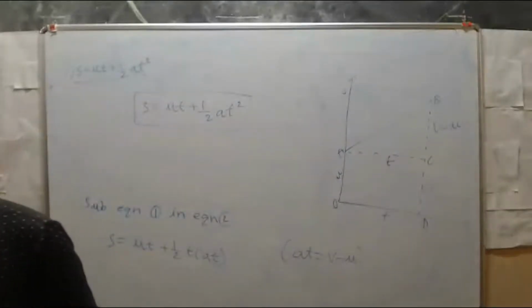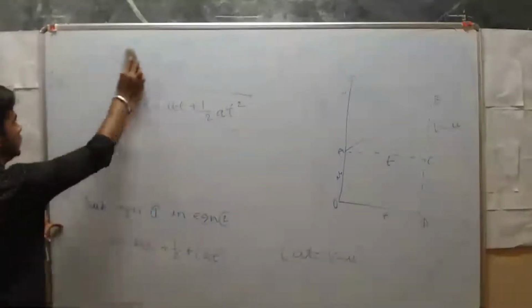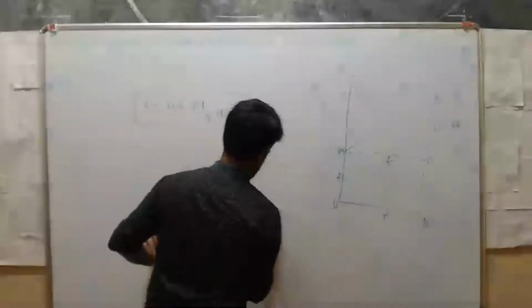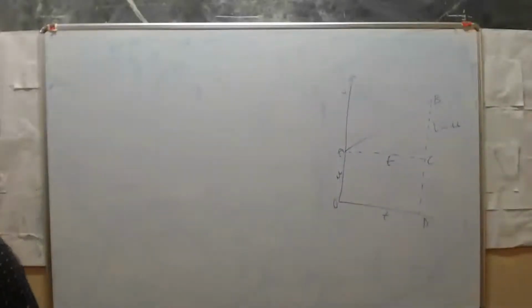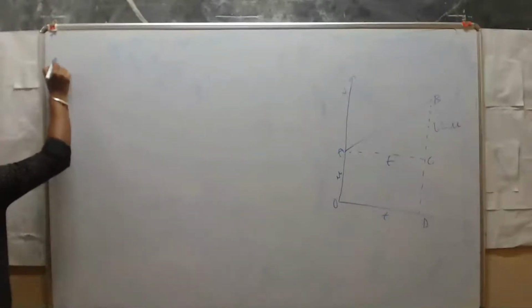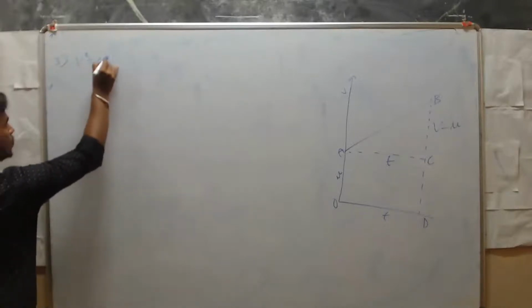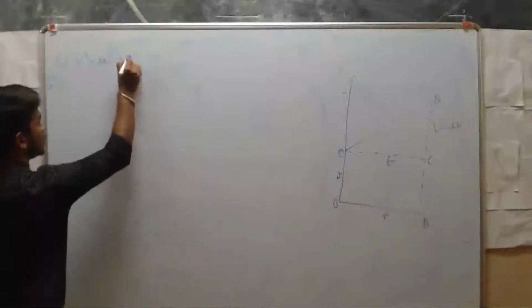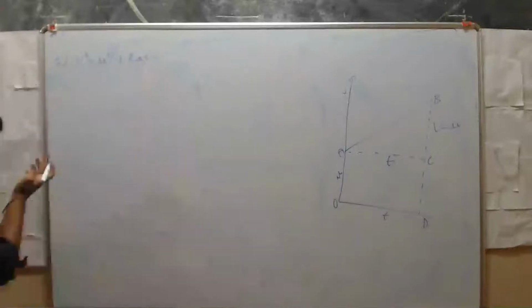Good. So next, move to the third one: V square equals U square plus 2AS.